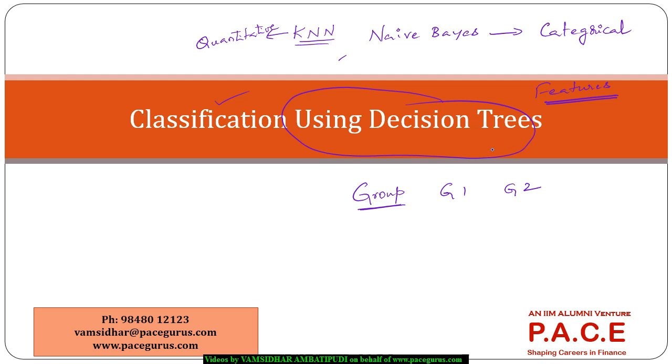But the approach that we use for doing that is different in all these methods. In the same way, even in decision trees, the approach will be different from the rest of them. But the objective is still to classify the data. It's also a supervised learning process: classify the data into an appropriate group.